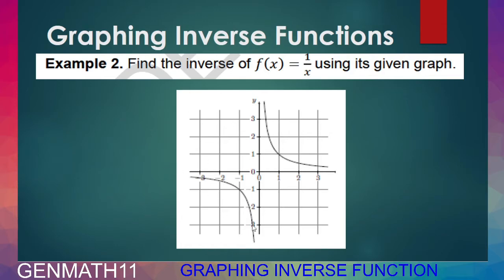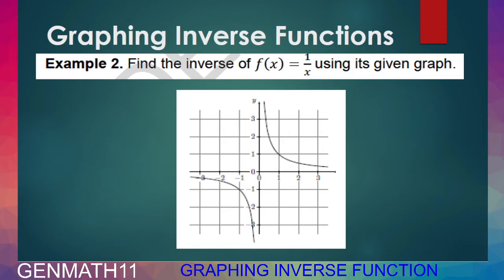Here, the curve is below, and this is its reflection. Okay? So, it is symmetrical. So, we will just find the inverse function of our original function, f of x equals 1 over x. Let's see what its inverse is.